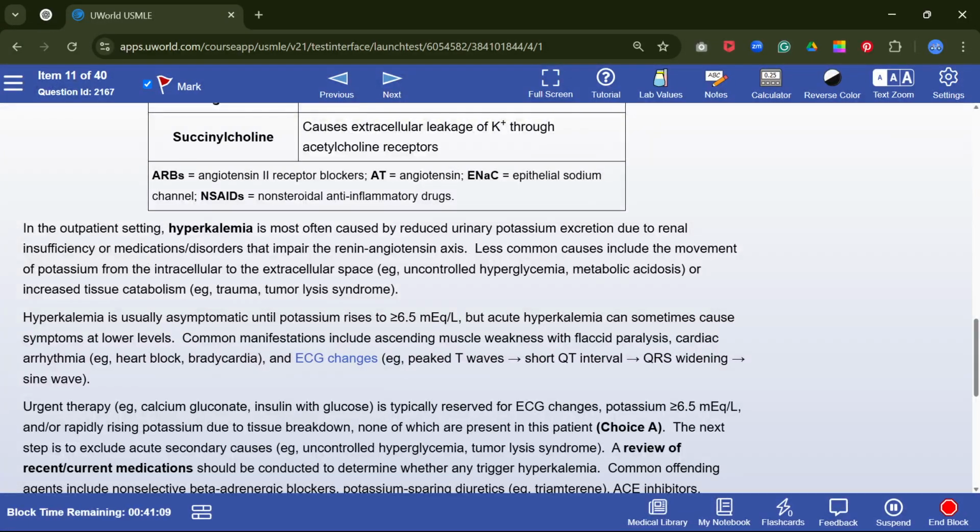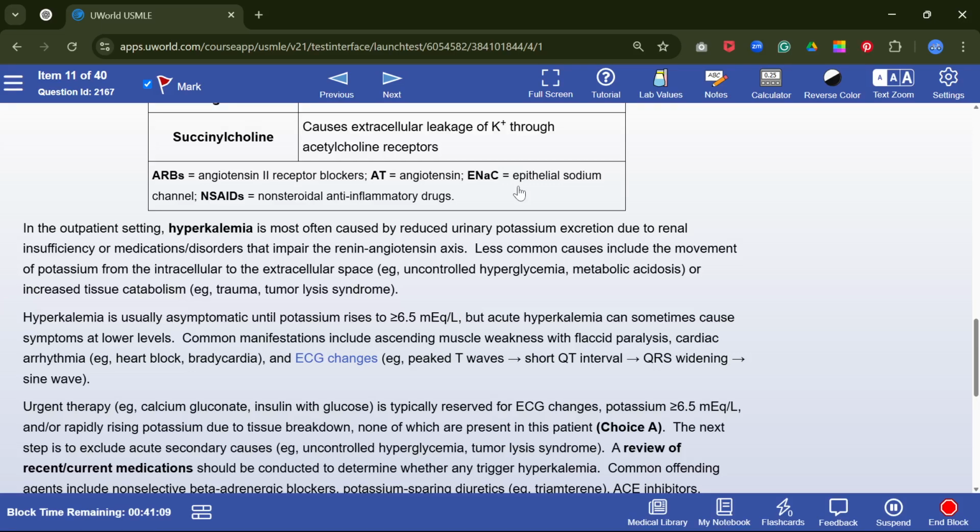In the outpatient setting, hyperkalemia is most often caused by reduced urinary potassium excretion due to renal insufficiency or medications or disorders that impair the renin-angiotensin axis.